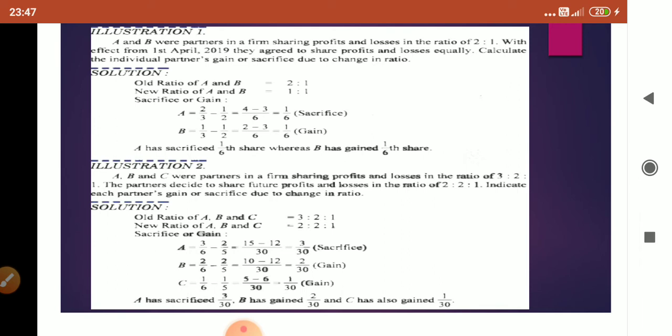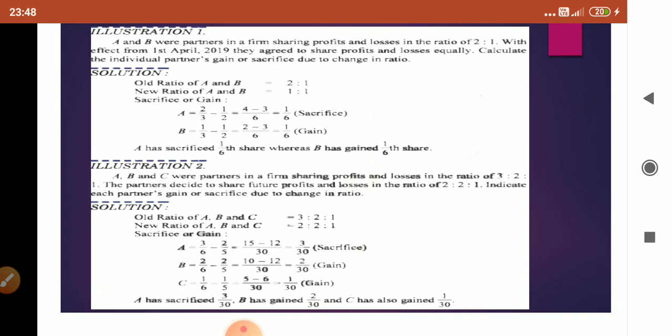So let us take it as 3/6 only and let us solve the sum. First multiply the denominators. 6 into 5, 30. 5 into 3, 15 minus 6 into 2, 12. So 15 minus 12 over 30, 3/30 is the answer. Now since the answer is positive, A is sacrificing.